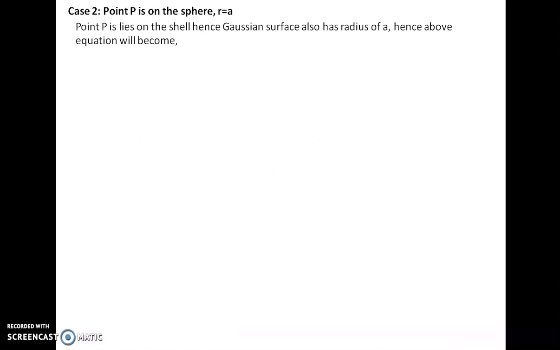So we know the expression for E when it lies outside the sphere, that is E is equal to a cube rho v by 3 epsilon naught r square. Here r is equal to a, so it can be written as a cube rho v by 3 epsilon naught a square into a r cap.